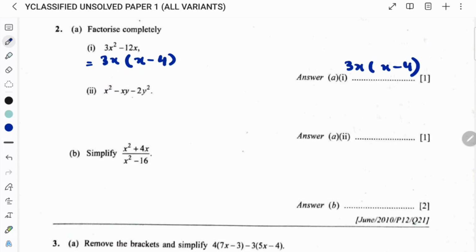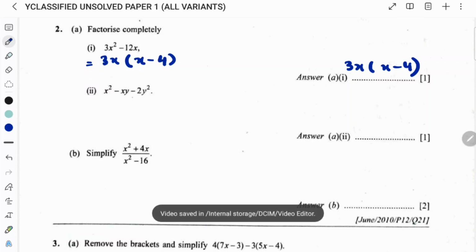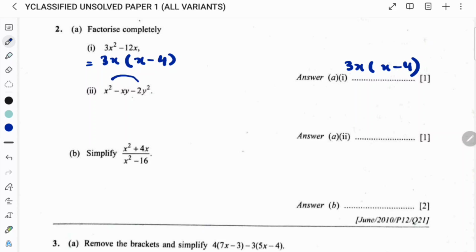Alright, the next question is x square minus xy minus 2y square. So you can do it by breaking the middle term, right? So 2 ones are 2 and 2 ones are 2, because we have to see the difference in the middle. Alright, so this is x square minus 2xy plus xy minus 2y square, and then you take out common x, and common y in these two.